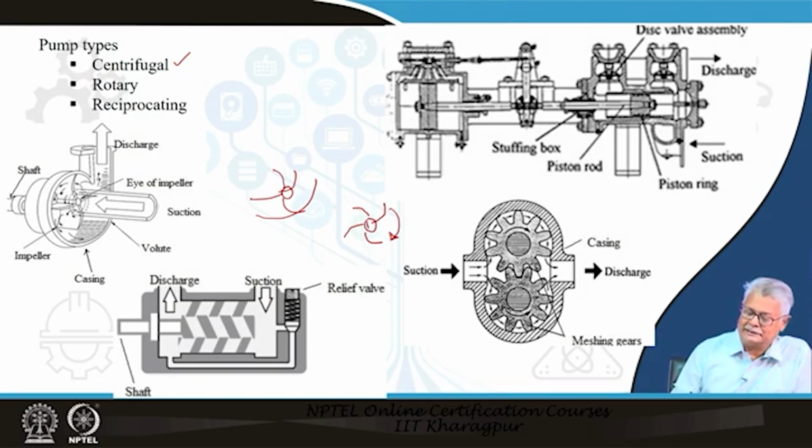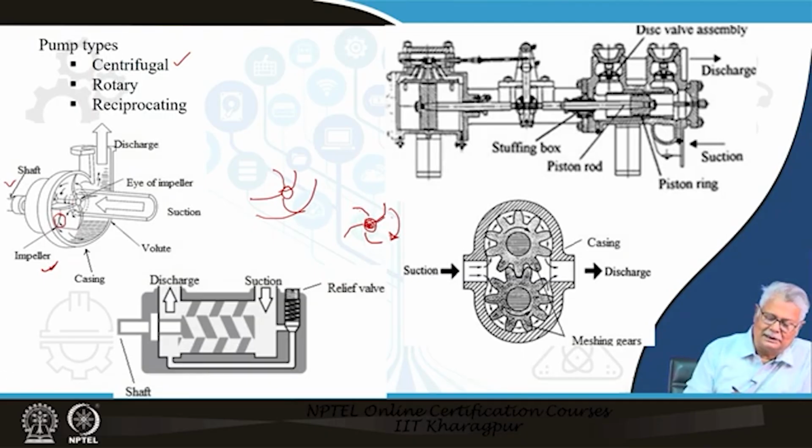The liquid enters the eye of the impeller, travels along and gets thrown tangentially. You can see the movement of the liquid particles shown here with small arrows. This happens within a casing and the impeller is driven by a shaft.